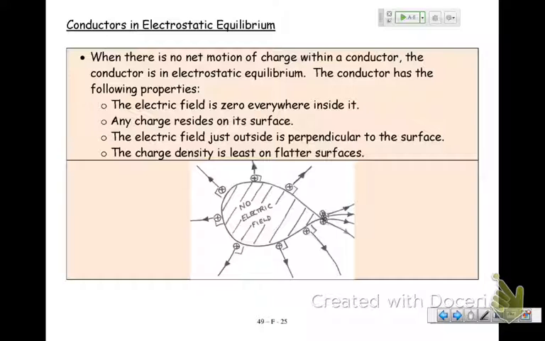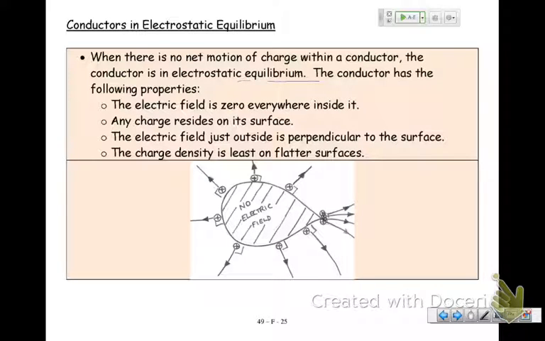And to end this thing up, basically what we say is that when there is no net motion of charge within a conductor, the conductor is in electrostatic equilibrium. The conductor has the following properties. The electric field is 0 everywhere inside, because all the charge is on the outside.